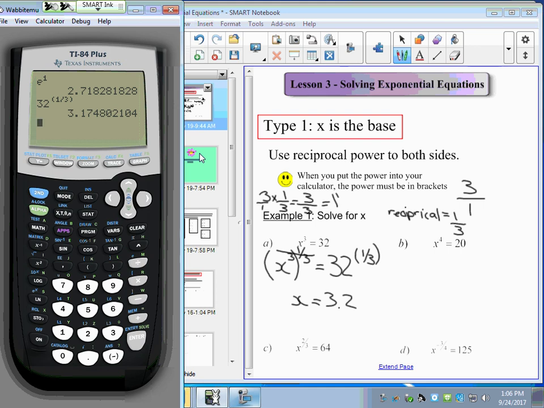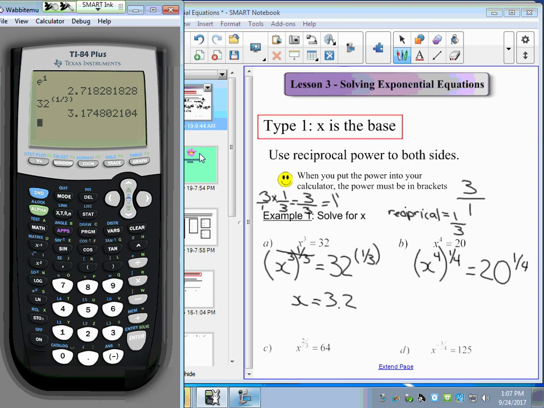All right, let's move on to B. Similar idea here. We have x to the power of 4 equals 20. So we take x to the power of 4. If we want to solve for x, we raise it to the power of the reciprocal, 1/4, equals 20. If we did it to one side, we have to do it to the other side. And remember, the reason we can do that is because 4 times 1/4 is 1. So we get x to the power of 1, which is just x.